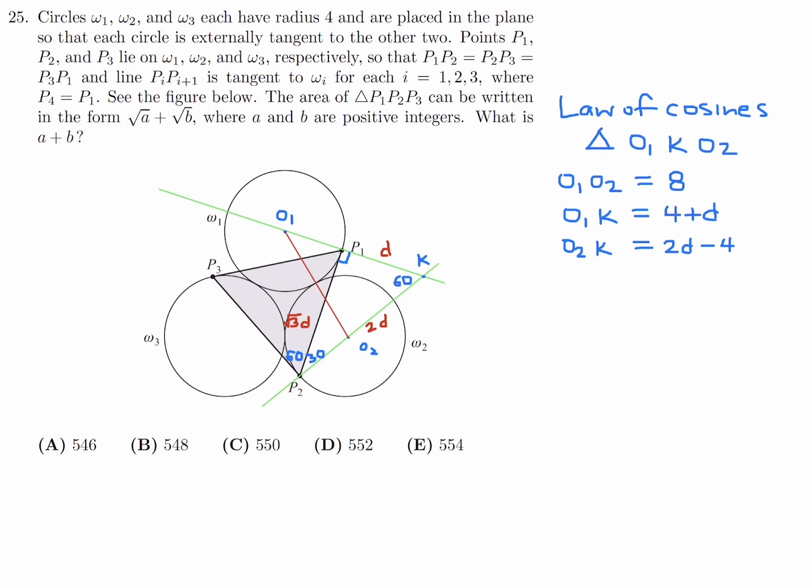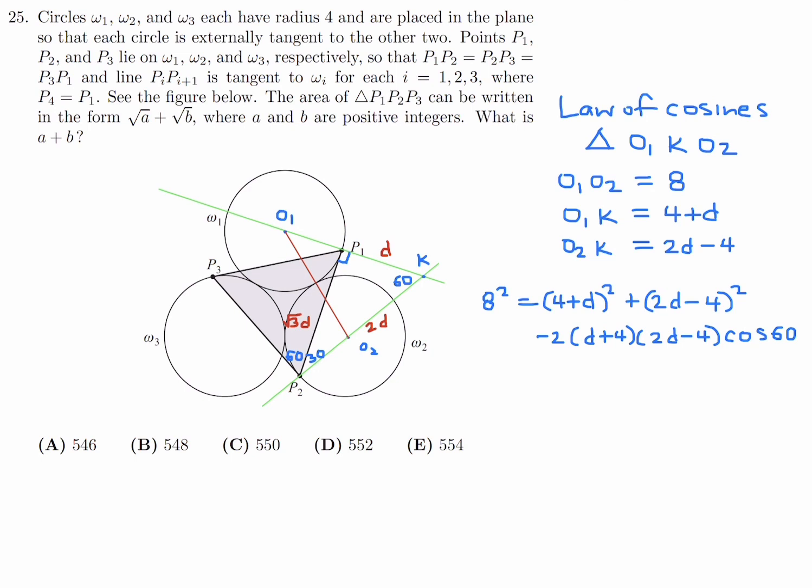So now let's proceed with the law of cosines. 8 squared is equal to (4 plus D) squared plus (2D minus 4) squared minus 2 times (D plus 4) times (2D minus 4) cos of, what's the angle? The angle is 60.